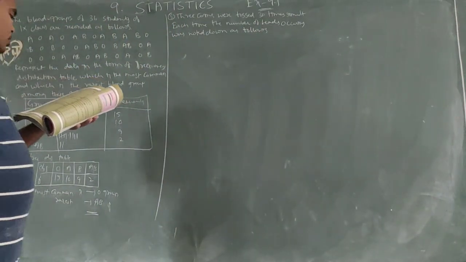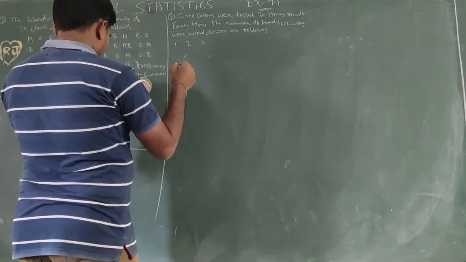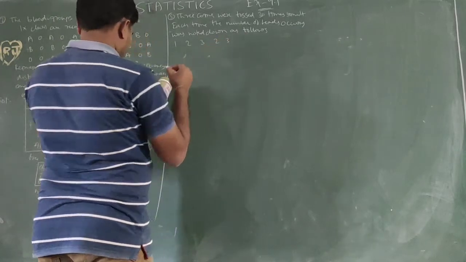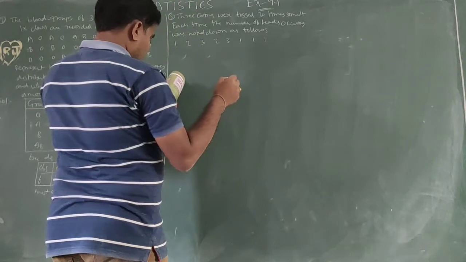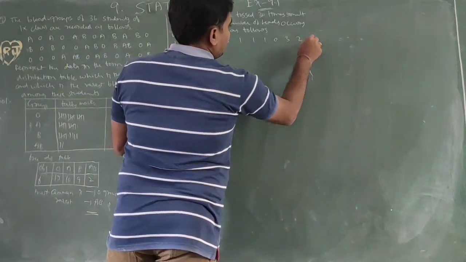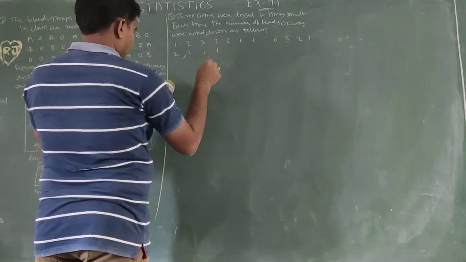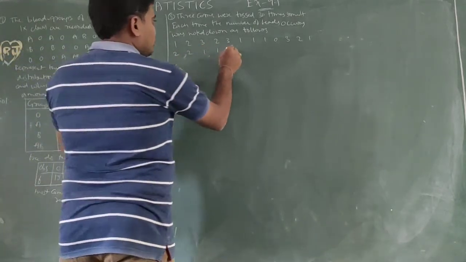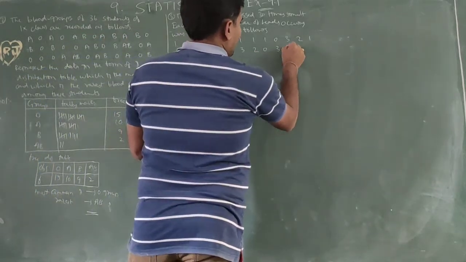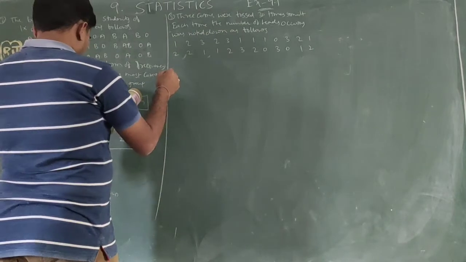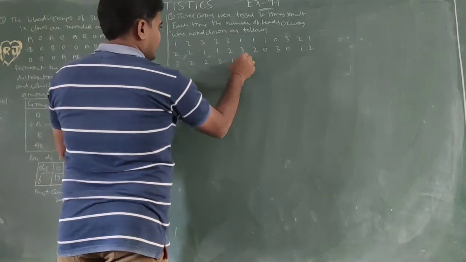Okay, now: 1 2 3 2 3 1 1 1, 0 3 2 1. Next 2 2 1 1, 2 3 2 0, 3 0 1 2. Next 3 2 2, 3 1 1.